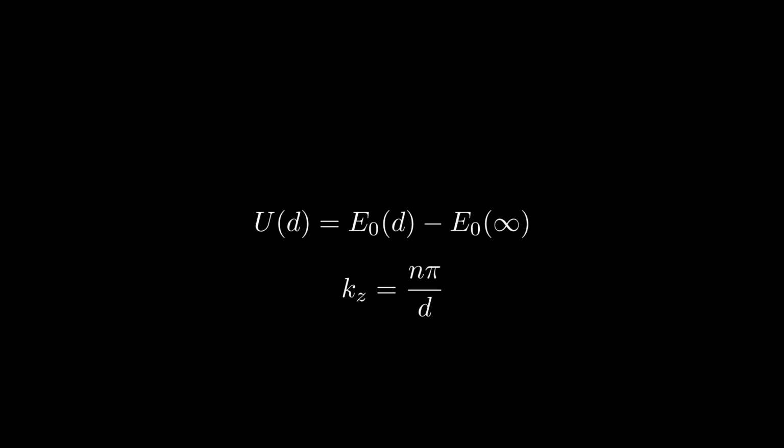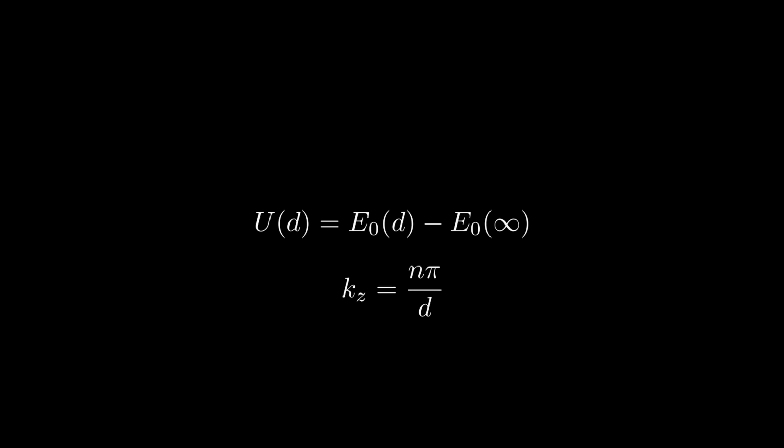Let us see how the zero-point energy manifests in a macroscopic system by looking at the Casimir effect. Suppose we have two large conducting plates separated by a distance d. We can calculate the change in energy between the plates when separated by d and when at infinite distance away from each other. If the z-axis is the one perpendicular to the plate faces, the geometry is such that we have a restriction on kz.